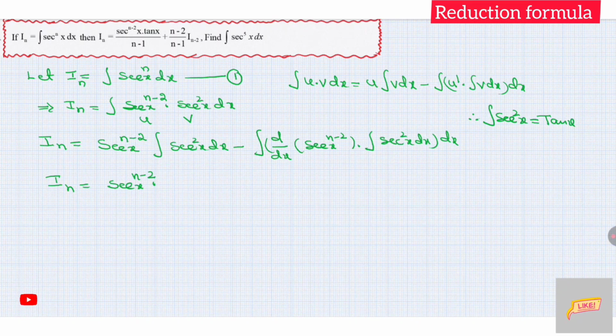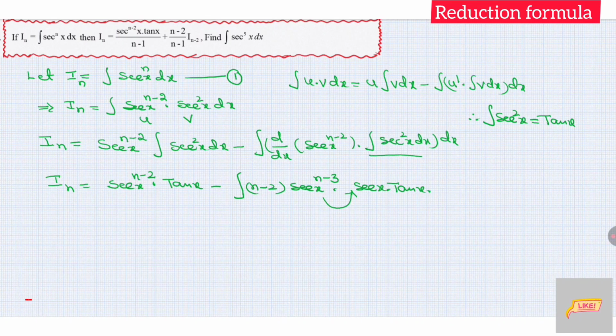Integration secant square x dx is equal to tan x, minus integration of the derivative of secant x power n minus 2, which is in the form x power n, derivative n into x power n minus 1. Apply here: n minus 2 into secant x power n minus 2 minus 1, which is n minus 3. Using chain rule, the derivative of secant x is secant x into tan x.